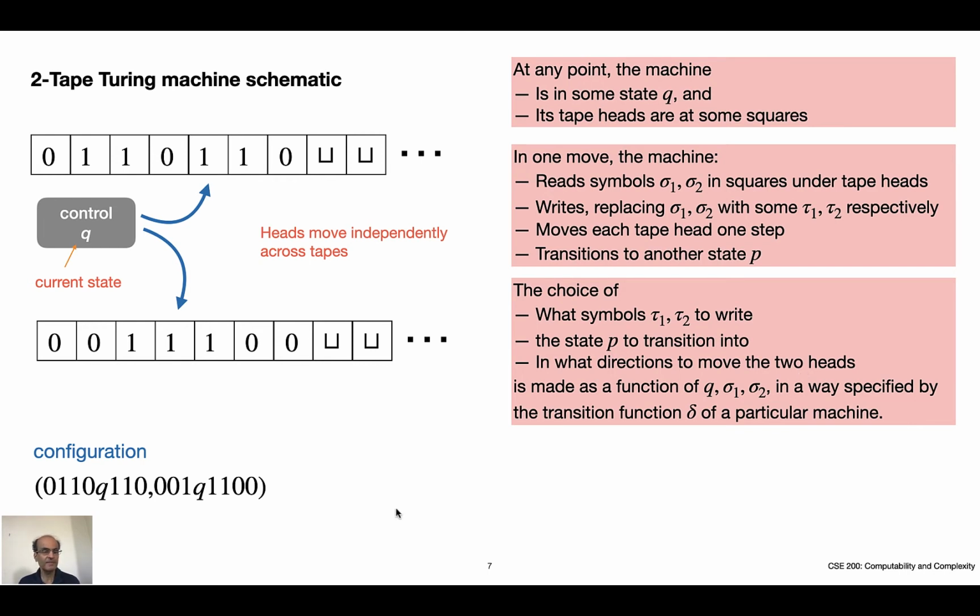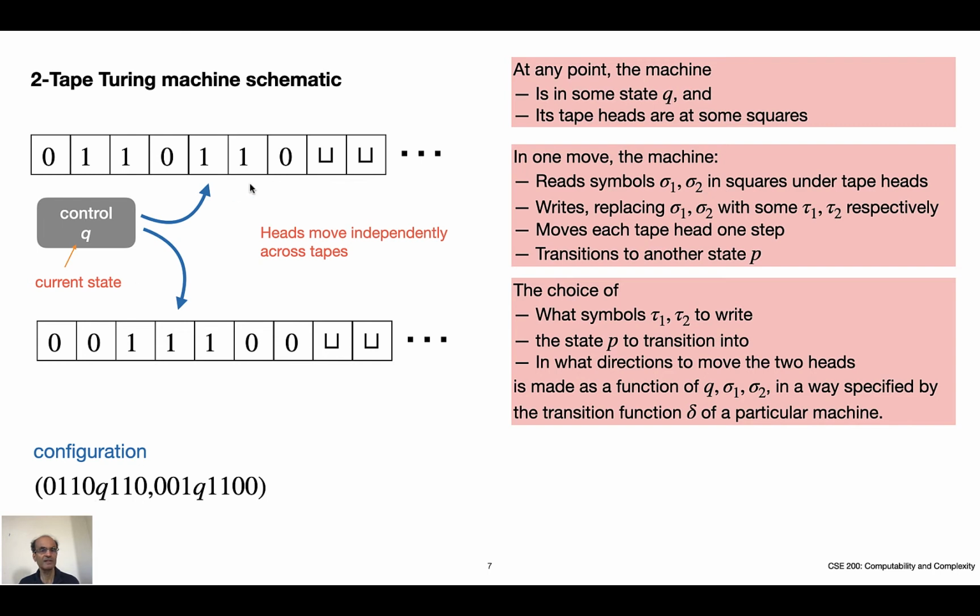It's also sometimes convenient to shorten the description that we see in this picture into what's called a configuration. The configuration tells us exactly the same thing once we know the language. The way it works is that the content of the first tape is all the symbols to the left of the Q concatenated with the ones to the right.